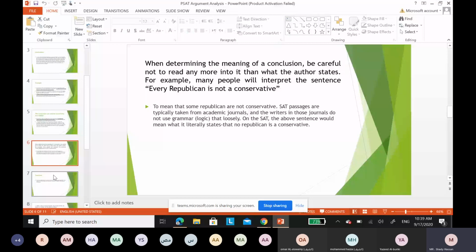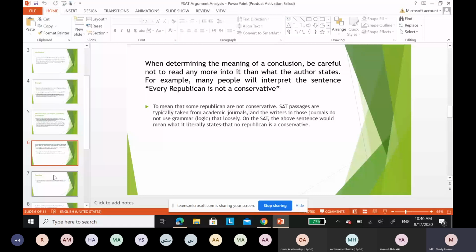For example, many people will interpret the sentence, "Every Republican is not a conservative," to mean that some Republicans are not conservative. In SAT passages, which are taken from academic journals, the writers in those journals do not use grammar that loosely. On the SAT, the above sentence would mean what it literally states, that no Republican is a conservative.